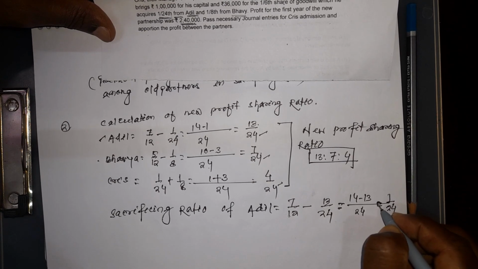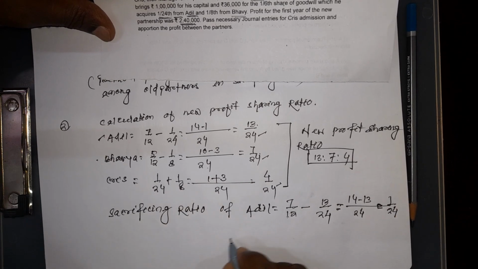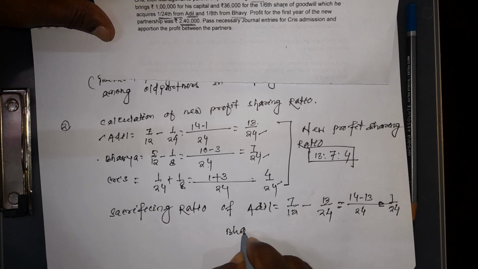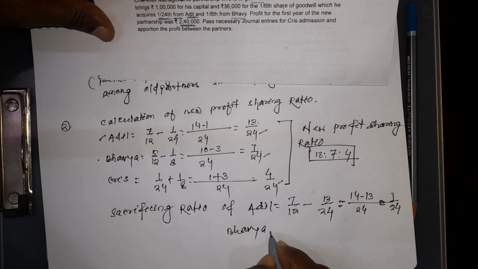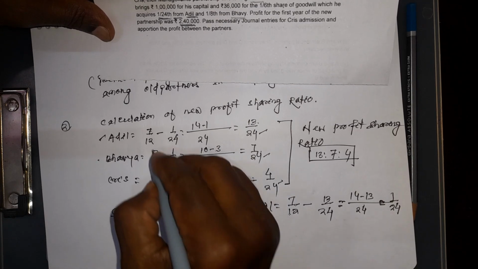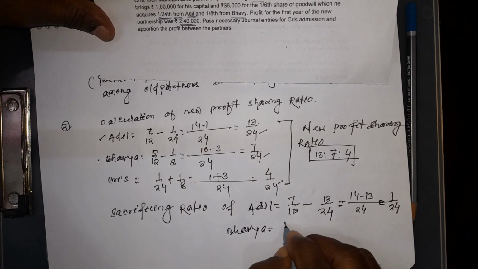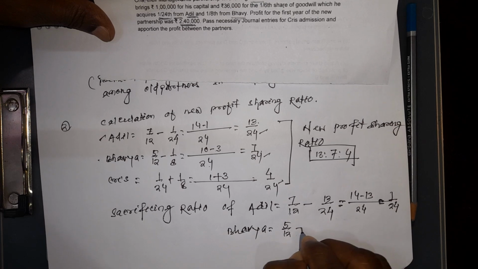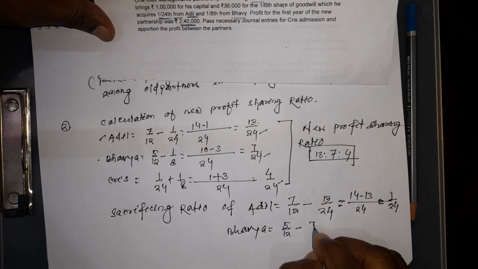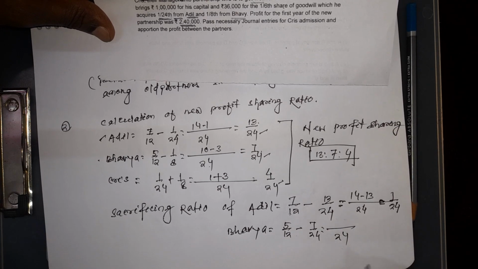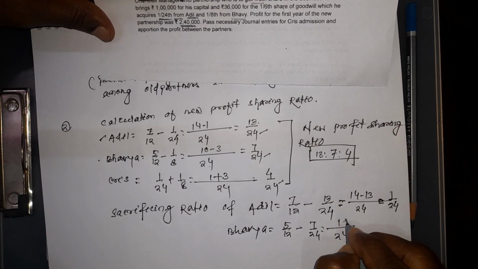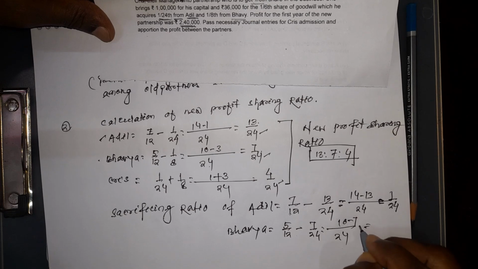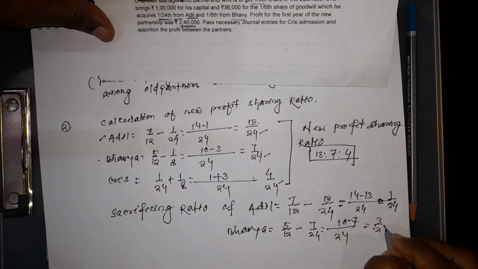Then for Bhavya also, the old profit sharing ratio 5 by 12 minus the new 7 by 24. The denominator is 24, so it will be 10 minus 7, that is 3 by 24.